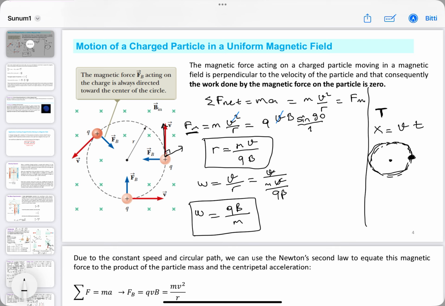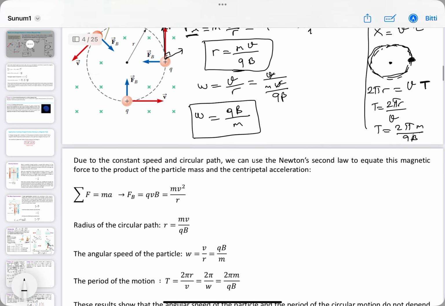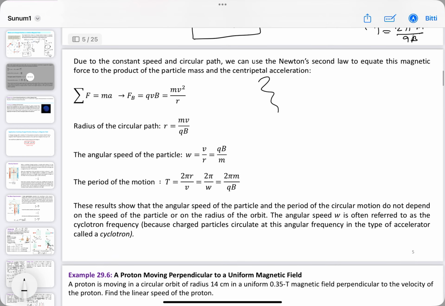Of course, it is the circumference. Is it right? Instead of x, I can write 2πr equals vT. T is now the period. T equals 2πr over v. Even you can write r using that formula. Now your T will be 2πm over qB. You can see all formulas in clear version here.